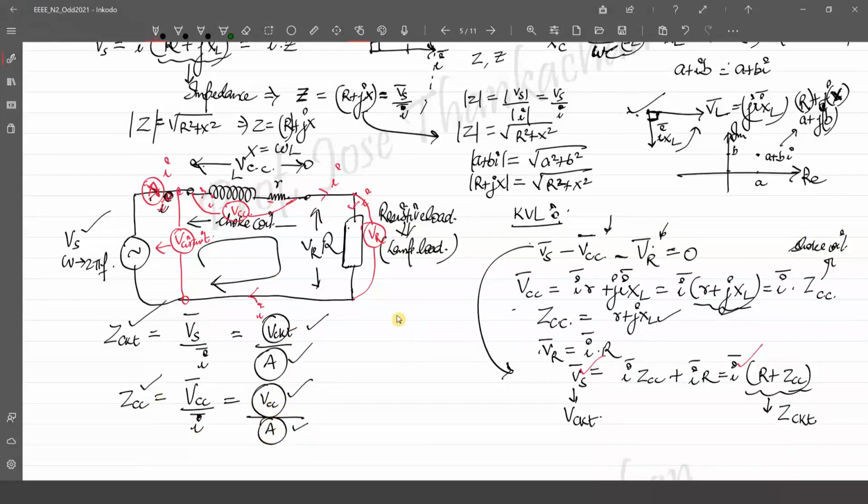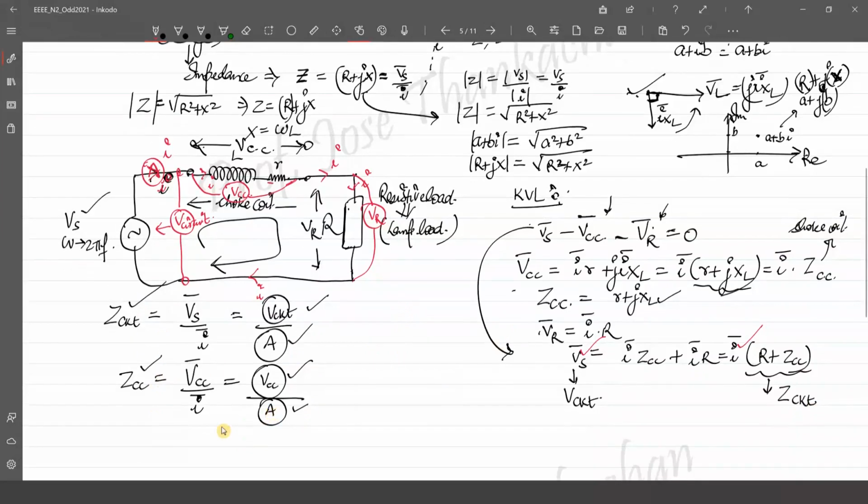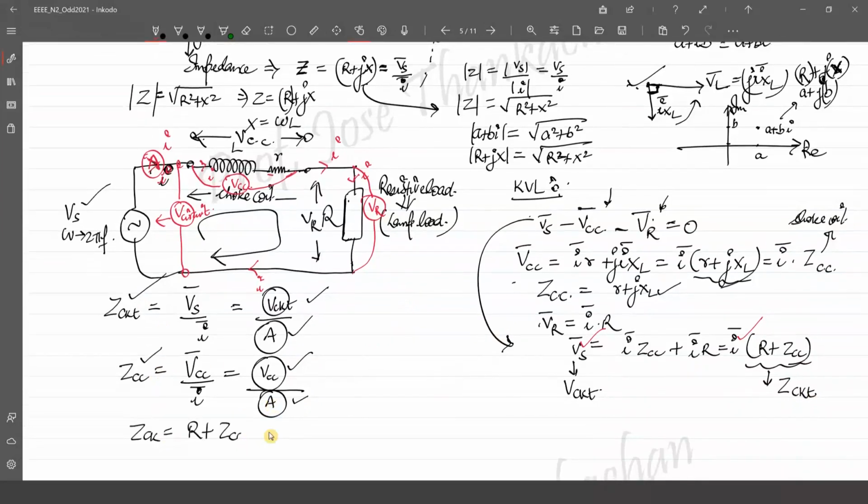Right? And what is Z circuit? What is the relation between them? Let us see. Z circuit is equal to R plus ZCC, isn't it? This is nothing but R plus ZCC, and ZCC is again R plus J times XL, as we have already written.